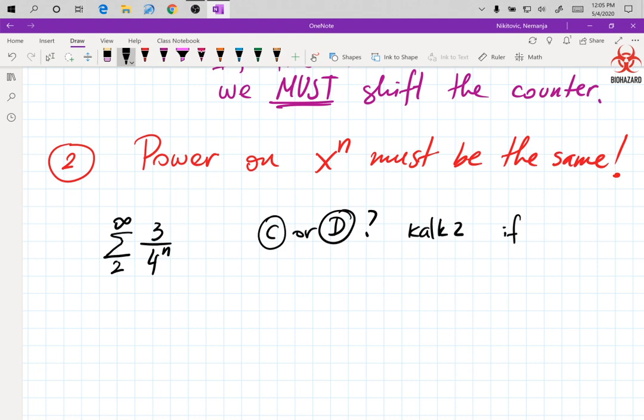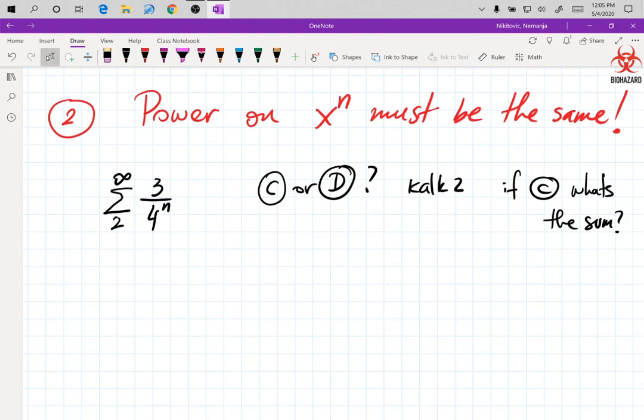And if it converges, what's the sum? So, you know, something like this would be a standard calculus 2 final exam question. It is a question that you are supposed to do quickly, right?